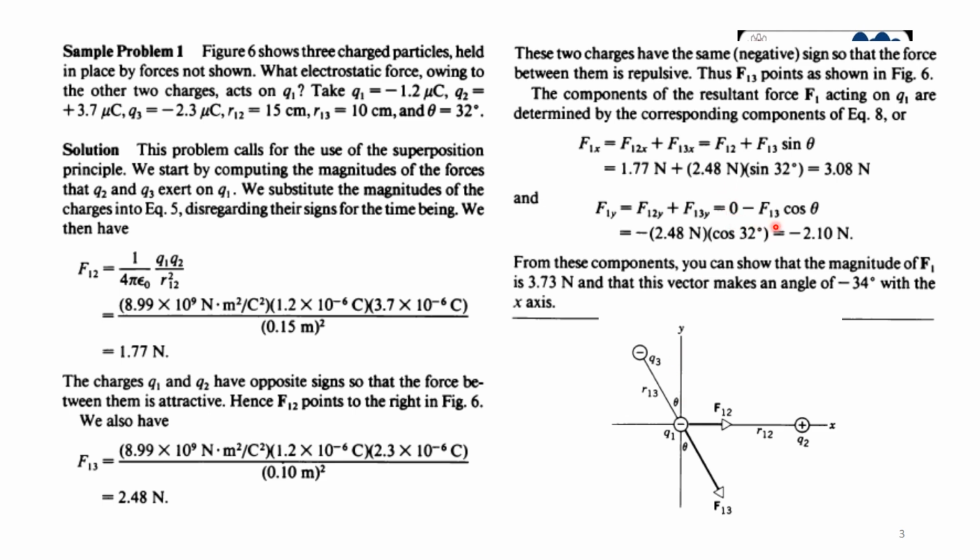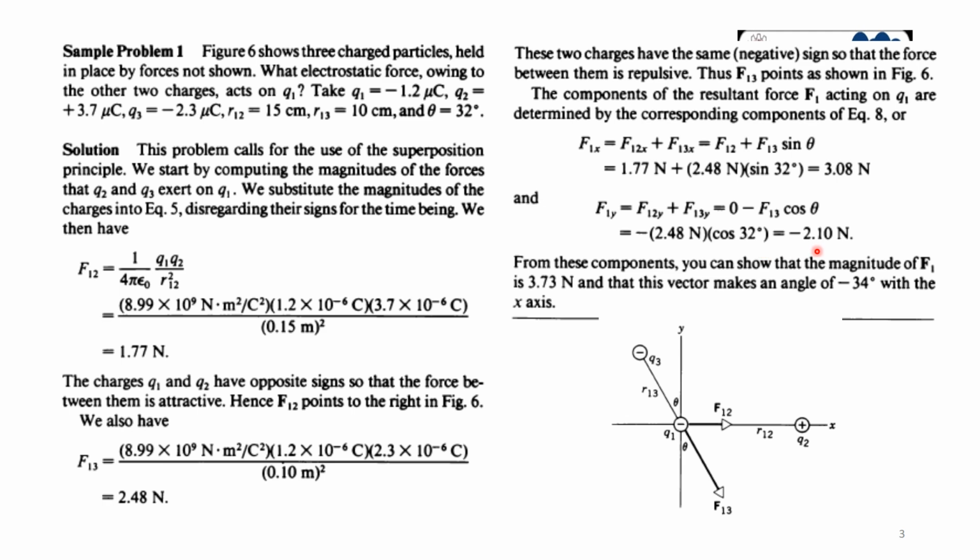We have only the F13 component, F13 cos theta. We put the values and we got 2.10. So F1x will be equal to 3.08 and F1y will be equal to minus 2.10.